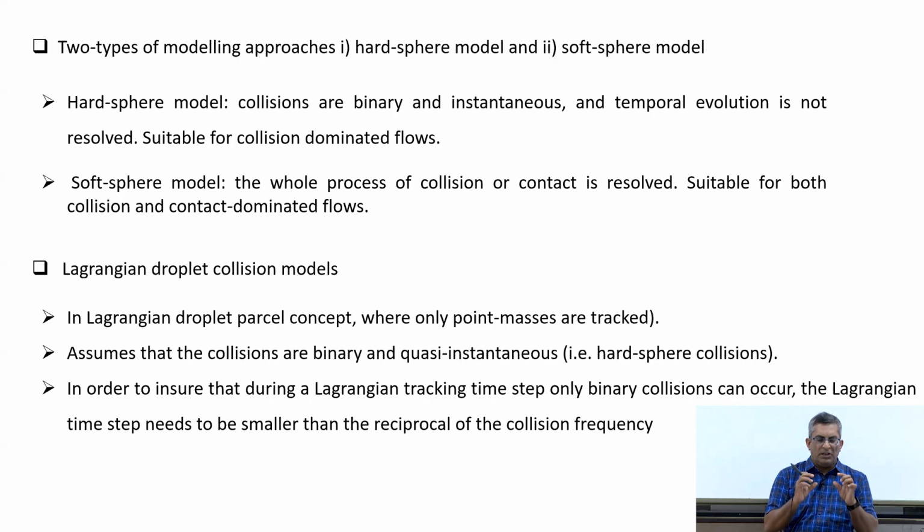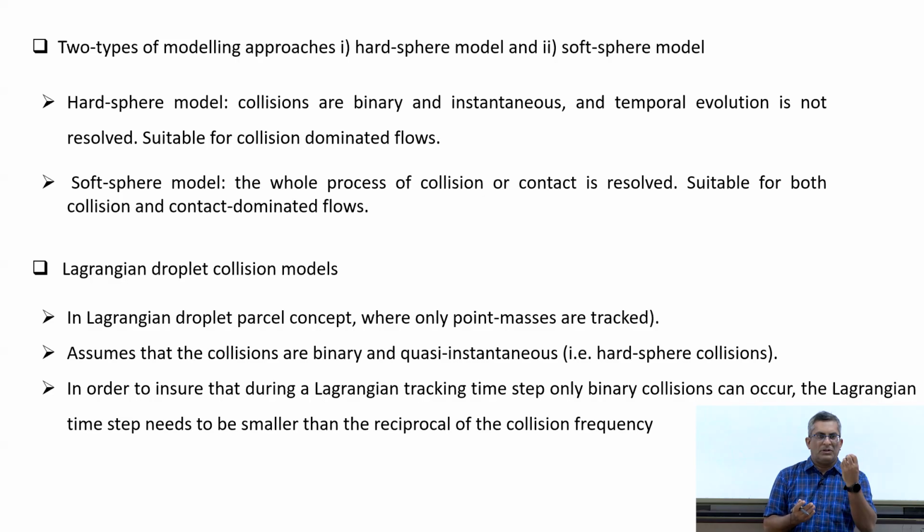Then in your model you specify what are the inputs required, say particle size and particle velocity, and the output, what happens. If it always leads to coalescence, then accordingly you consider mass conservation. You say that now instead of two particles I have one particle with larger mass, and the velocity also changes accordingly. But you do not model how this process is happening. That is what the hard sphere model is.